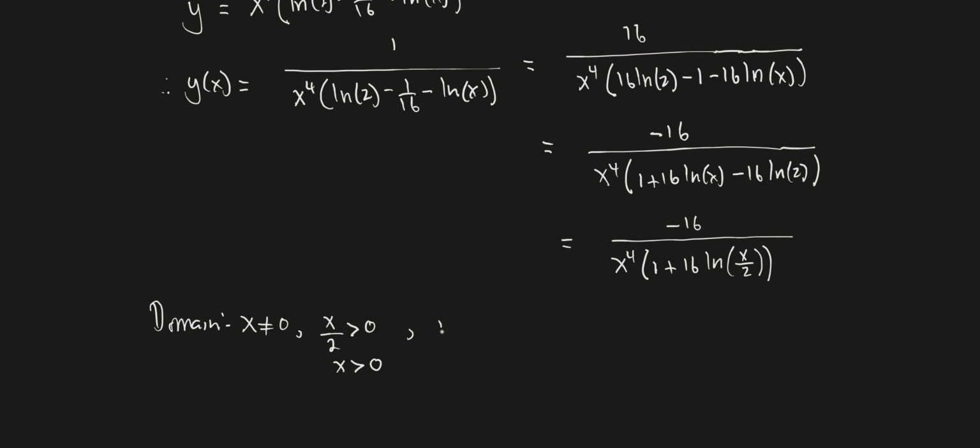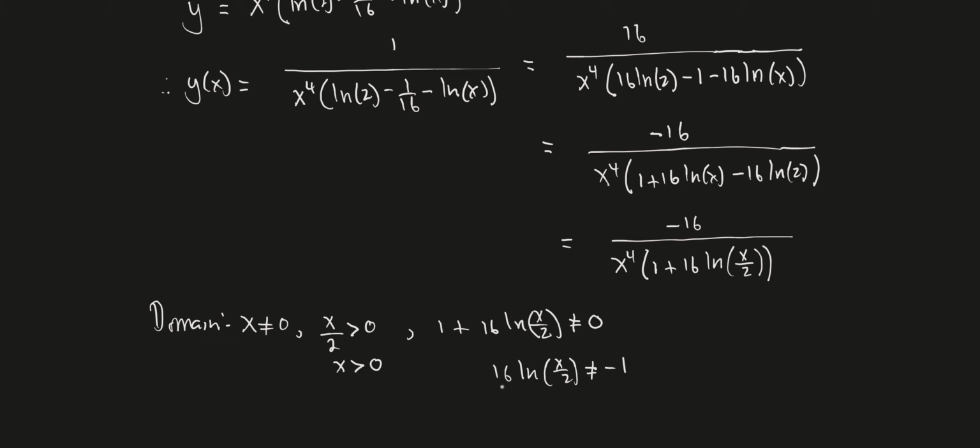So we'll have to determine the possible values of x so that 1 plus 16 natural log of x over 2 is not equal to 0. So let's do that, and then try to figure out what x cannot be. If we subtract 1 from both sides, we have 16 ln of x over 2 not equal to negative 1.